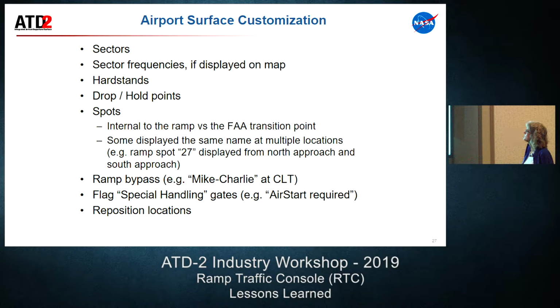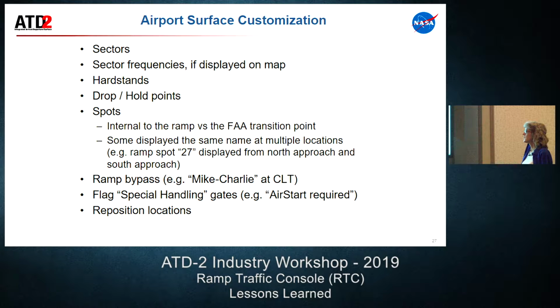The definition of sectors, how much real estate does a given controller control? That's defined in adaptation. The sector frequencies, you can draw that on the map, which is very helpful for new controllers, and so whether or not you display that.